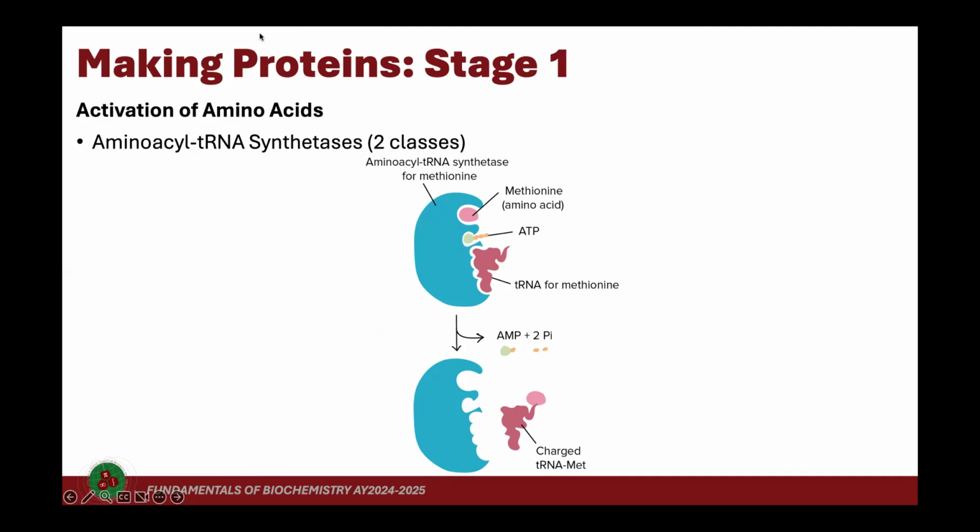During protein synthesis in the ribosome, the only thing happening there is the reading of the codon with the complementary anticodon in your tRNA. The ribosome is not checking if the tRNA there has the correct amino acid, which means stage 1 is actually very critical.